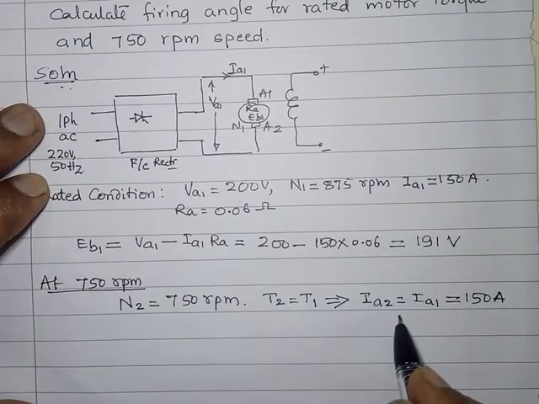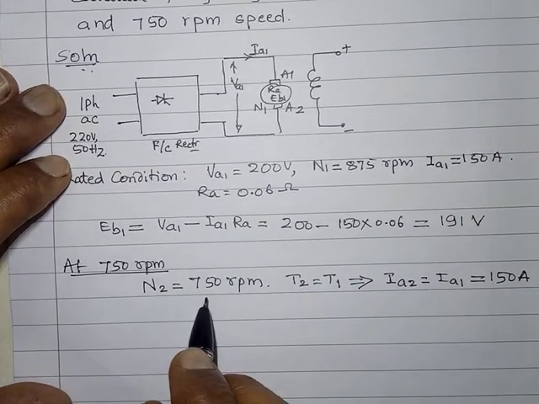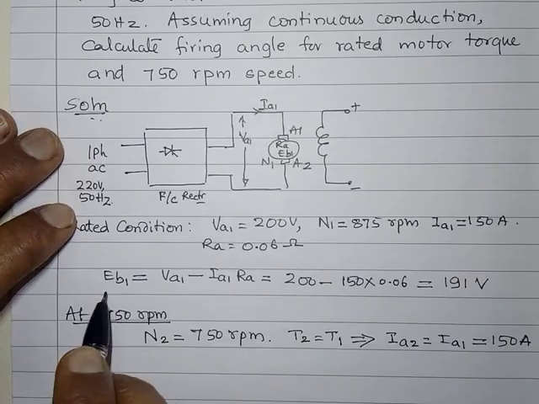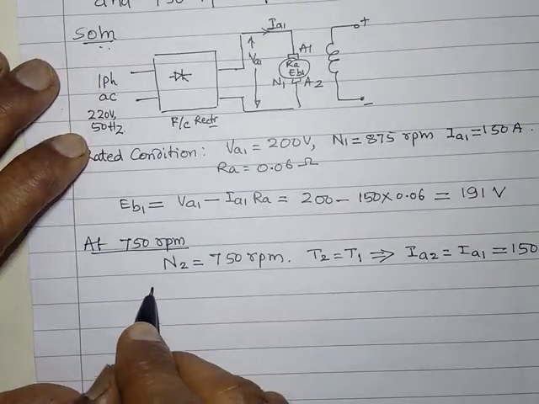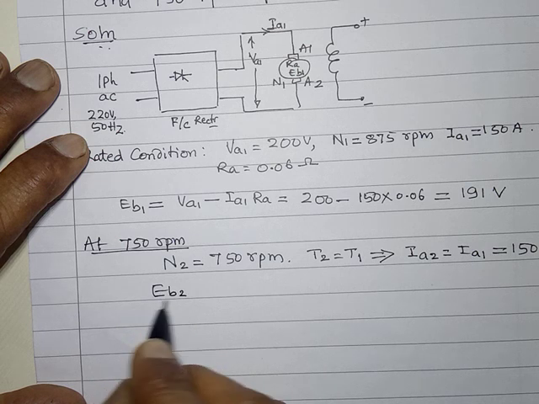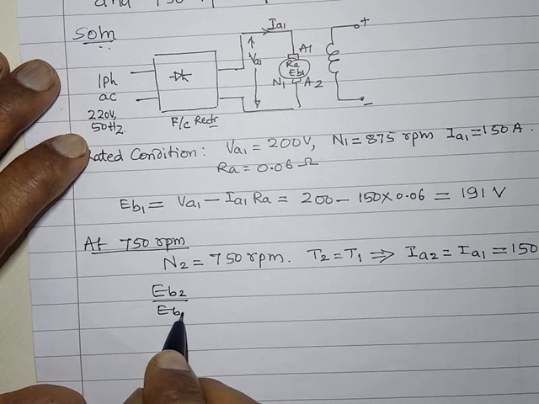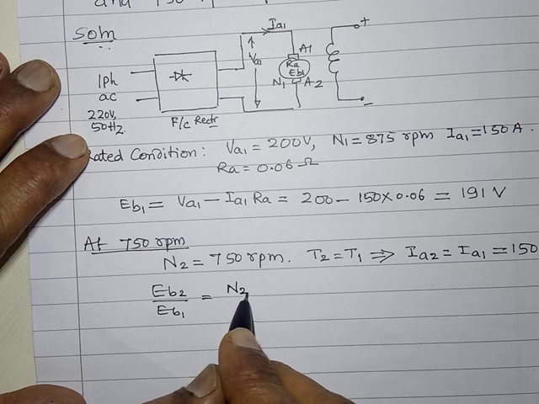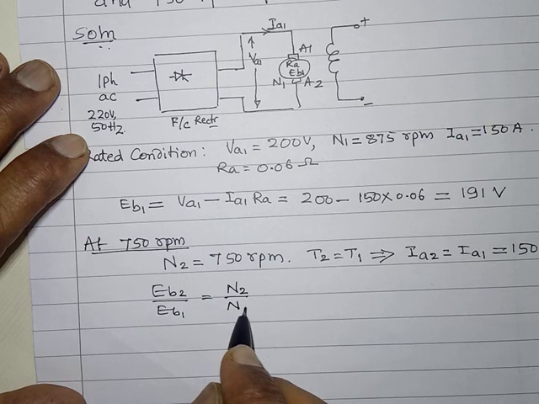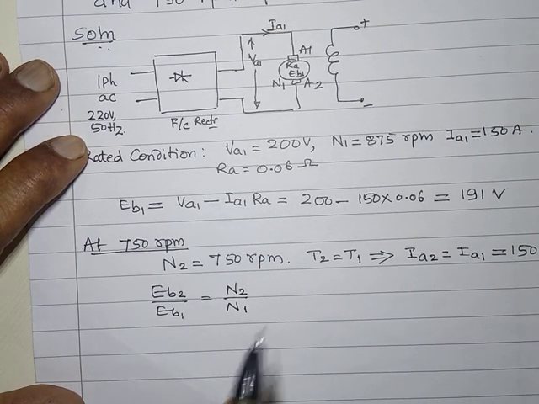So I know in the second condition the current and the speed, and in the first condition I know EB1. I will use this expression, which is the ratio of back EMFs is equal to ratio of the speeds.